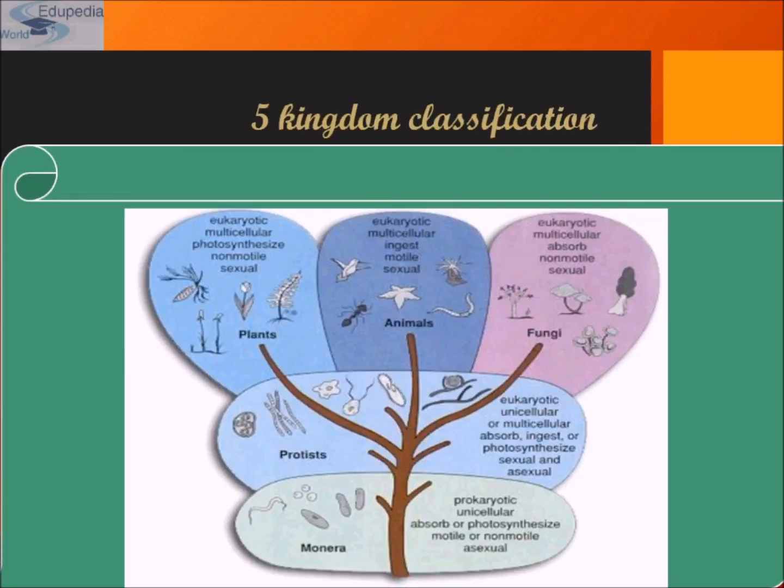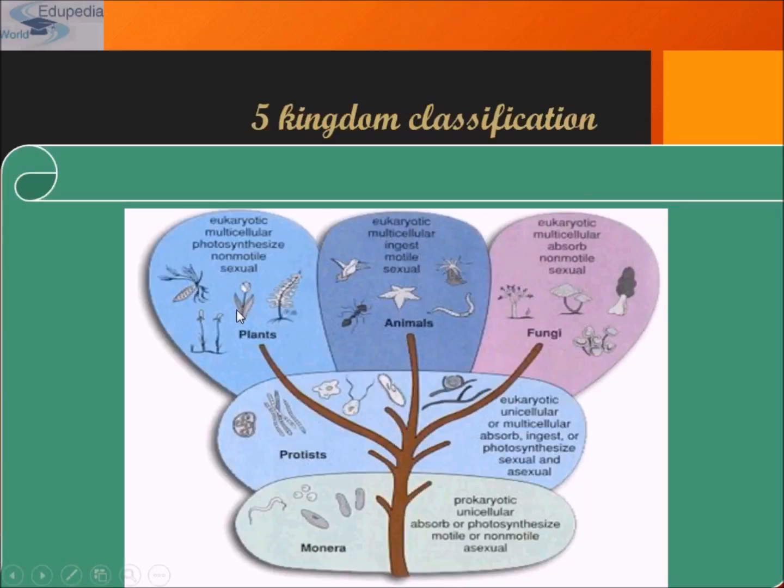R.H. Whittaker proposed the five-kingdom classification in 1969. The most common system of classification in use today is the five-kingdom classification. In this system, all living organisms are divided into five kingdoms. The classification of living organisms according to Whittaker into five kingdoms is as follows: plant, animal, fungi, protista, and monerans.